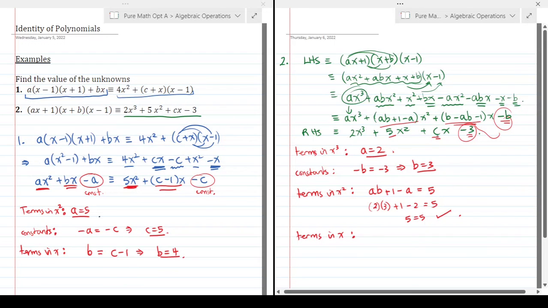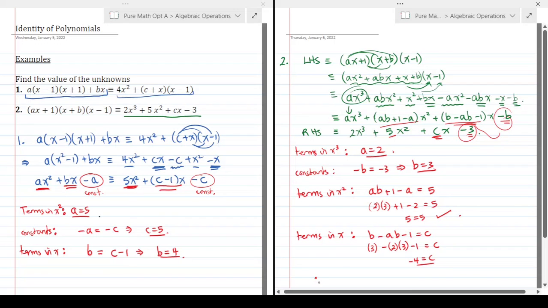Because the coefficient of x is c, b minus ab minus 1 is equal to c. Now I know that my a and b are good, so I could safely use them here to get c. So 3 take away 2 times 3, take away 1 is equal to c. So this is 3 take away 6, take away 1, so this is negative 4.